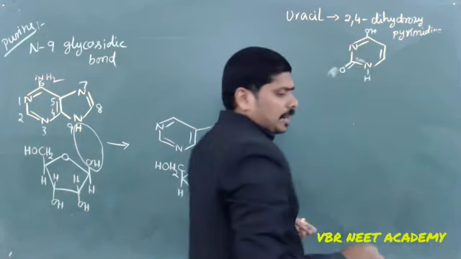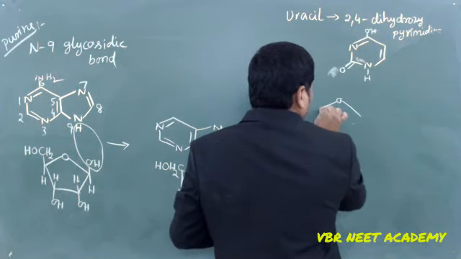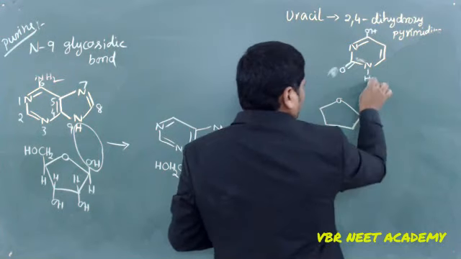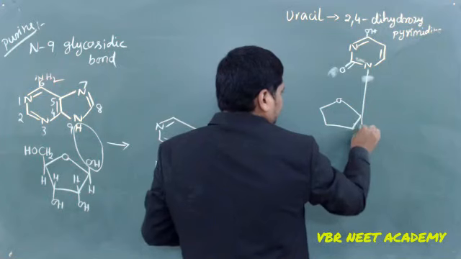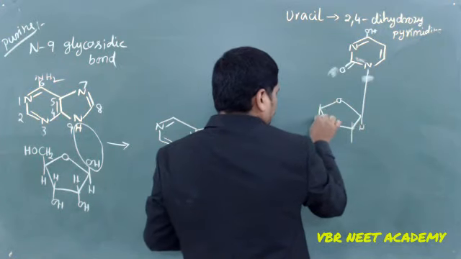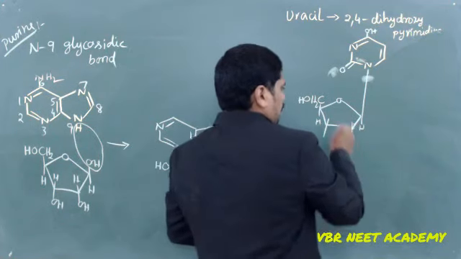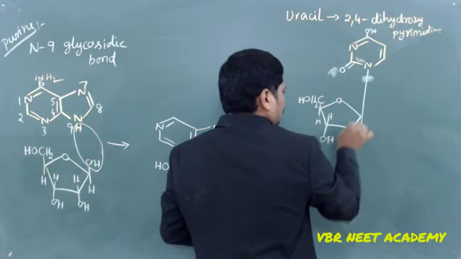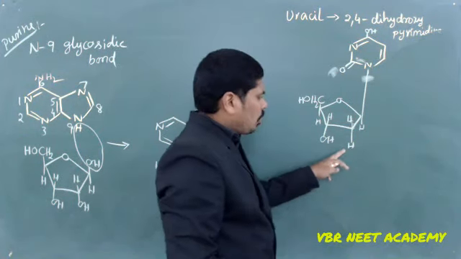Now we are having hydrogen here. Now this H and this OH will be going out. See, here I am not writing OH here. At the second position I am not having oxygen.